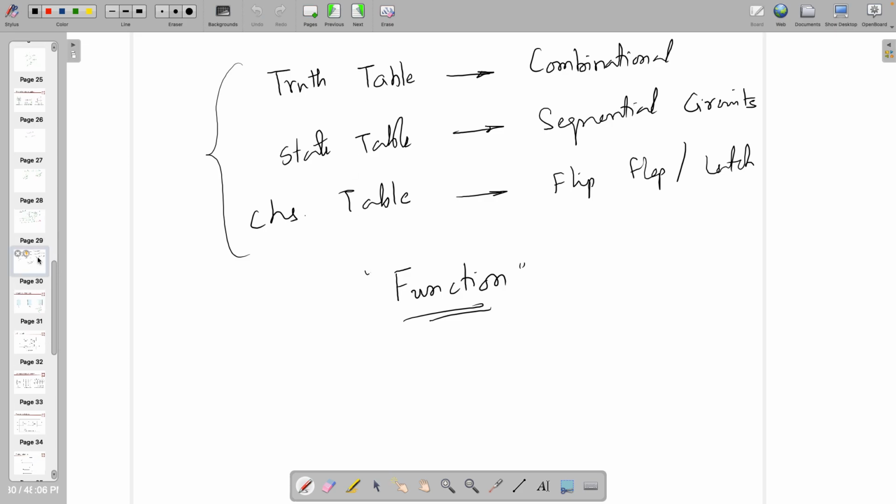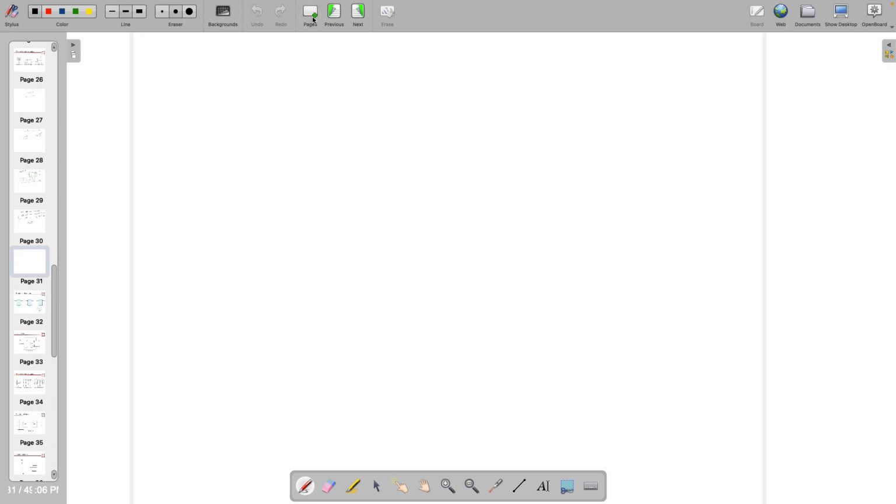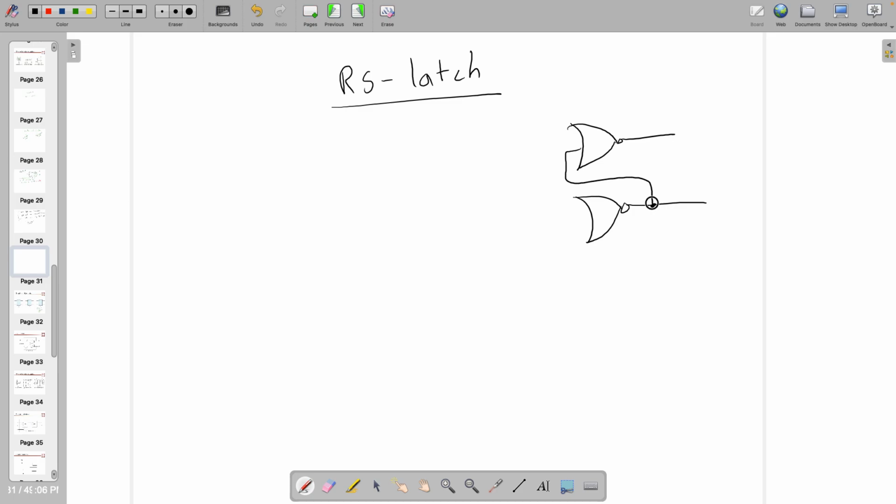So here what we are saying is, the characteristic table or the state table of the RS latch that we have studied might be a little bit different from others depending on the situation. Which kind of gates are you using? If it is a NOR based circuit, then this particular equation will be changed, right?